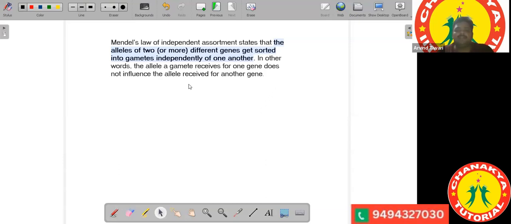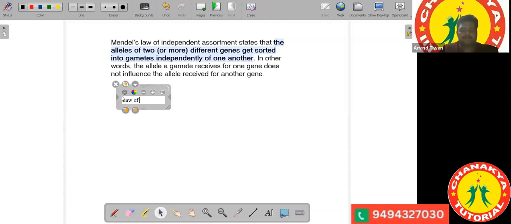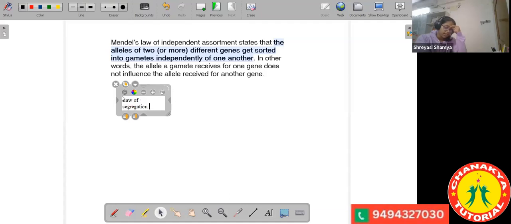Can anyone give me the statement for the law of segregation? Sir, I have it, sir. Okay. During the formation of gametes, each gene separates from each other so that each gamete carries only one allele for each gene.